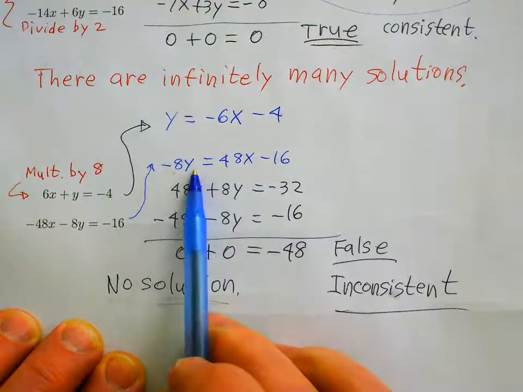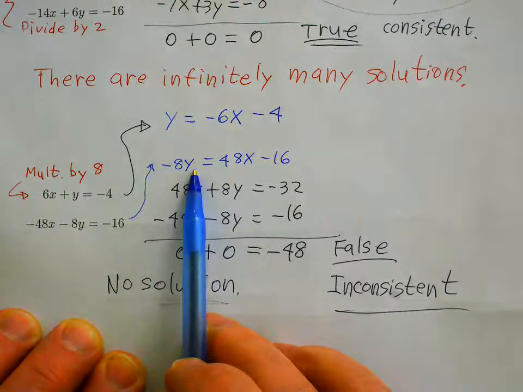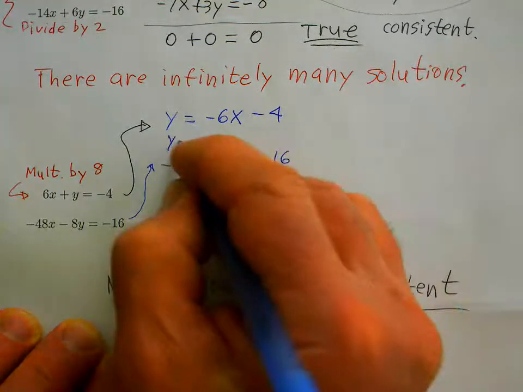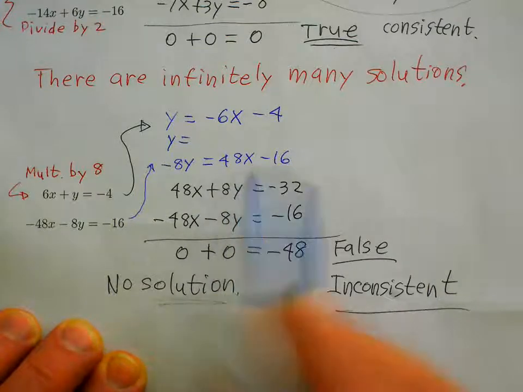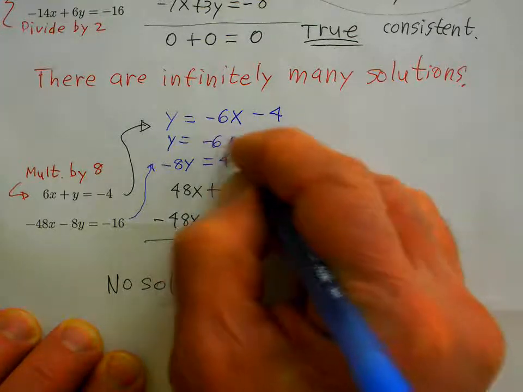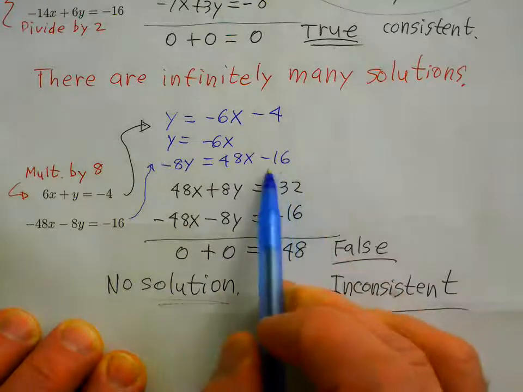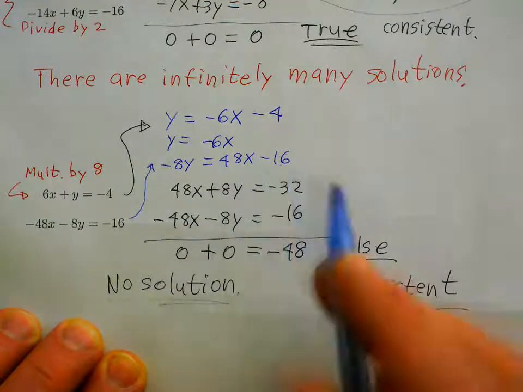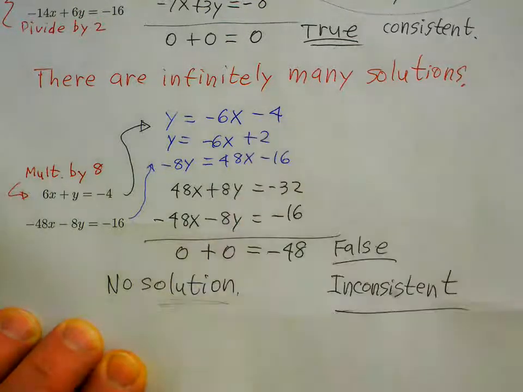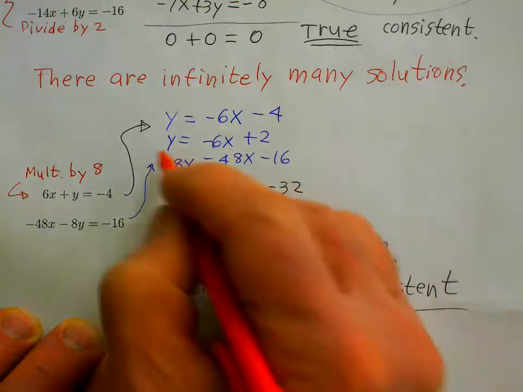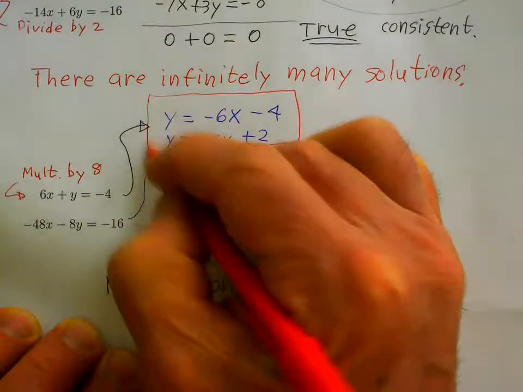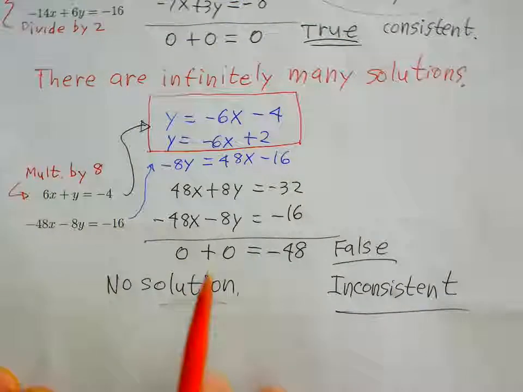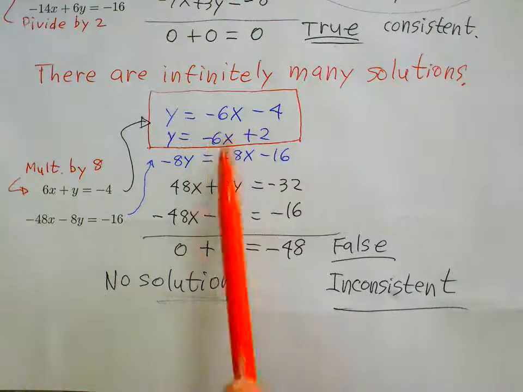Negative 8y divided by negative 8 is y. 48x divided by negative 8 is negative 6x. And negative 16 divided by negative 8 is positive 2. So here's the system of two equations where each equation is now in slope-intercept form.